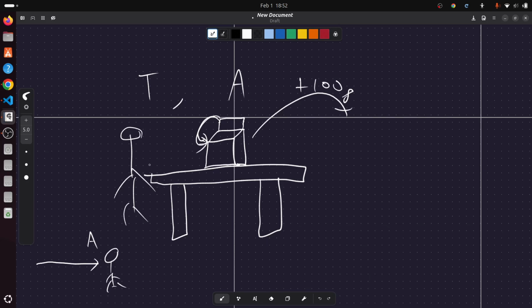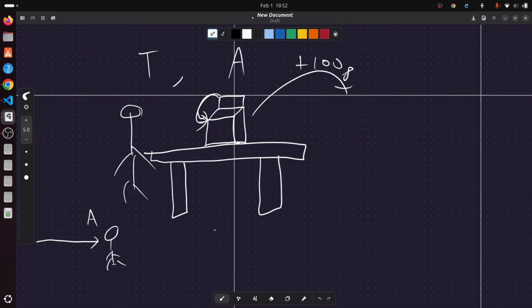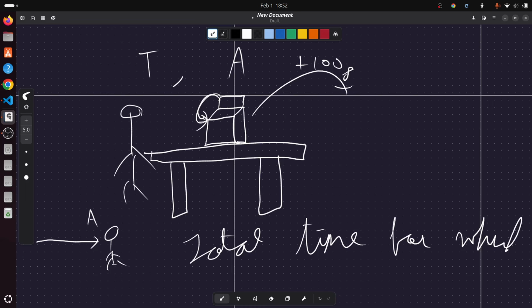They are asking what is the total time for which the box is open.